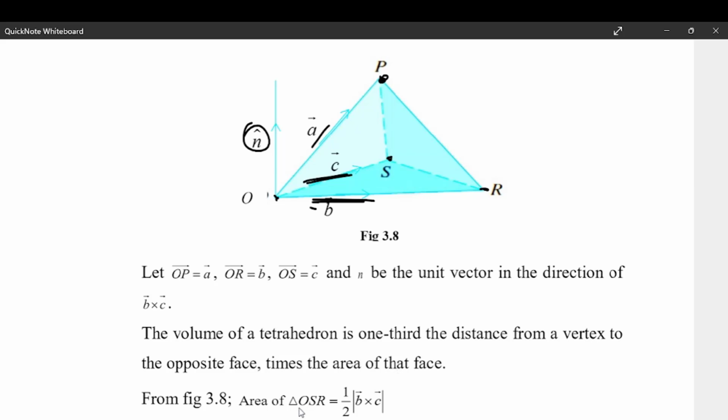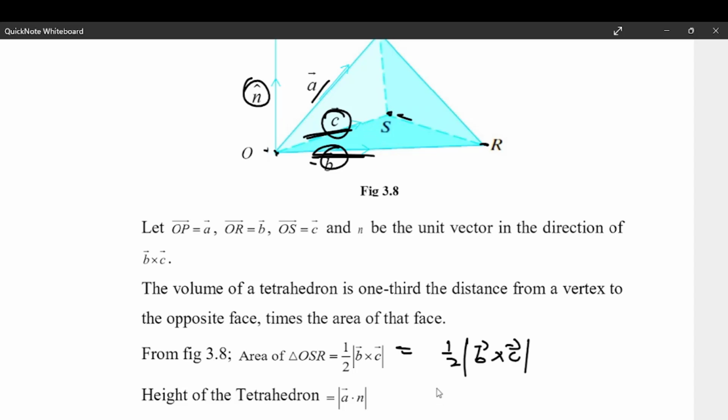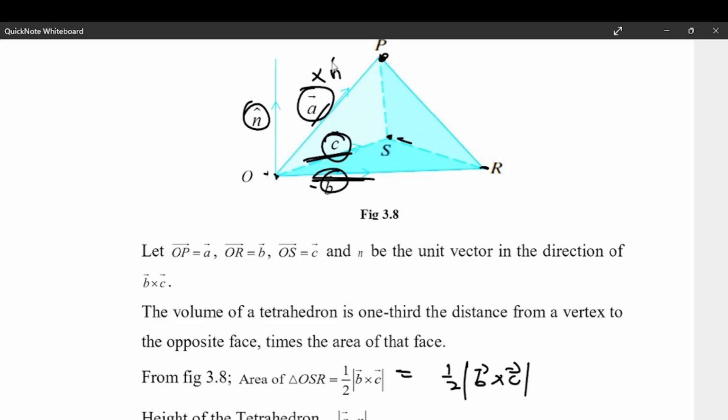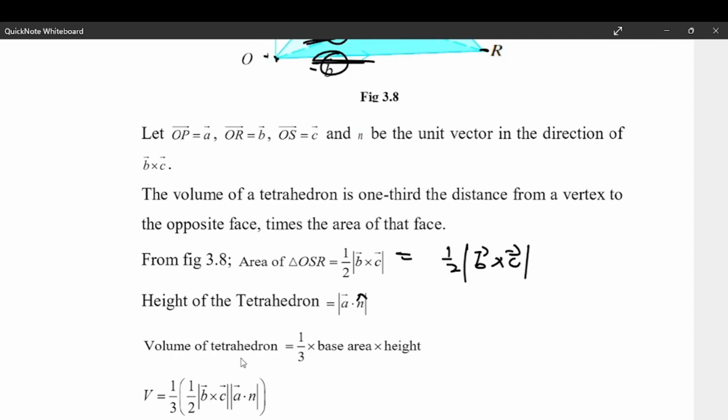For that matter, we know that from triangle OSR, the triangle at the bottom, the area is equal to half times the magnitude of B cross C. Again, the height of the tetrahedron is equal to A times the unit vector which is perpendicular to B and C. Finally, we are saying that the volume of a tetrahedron equals 1/3 times the base area times the height, and the base area is this and the height is this.